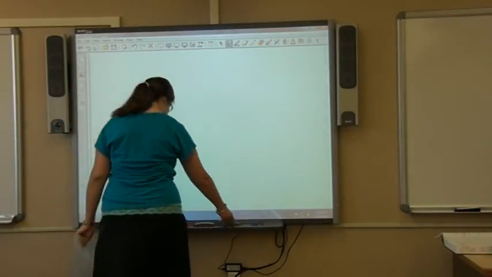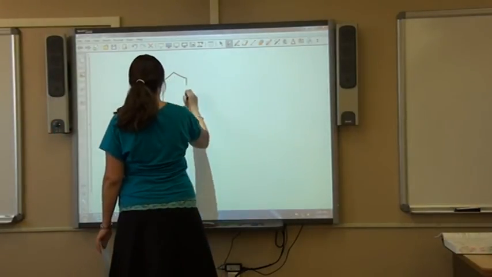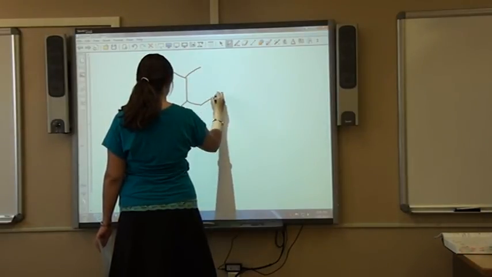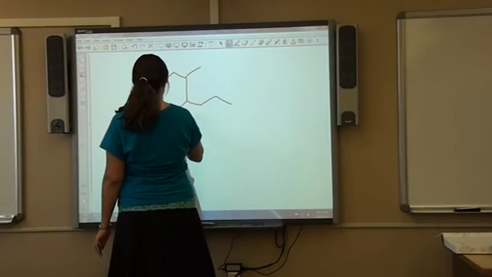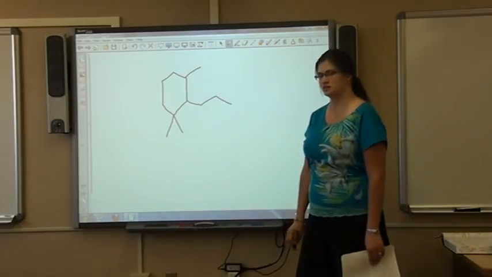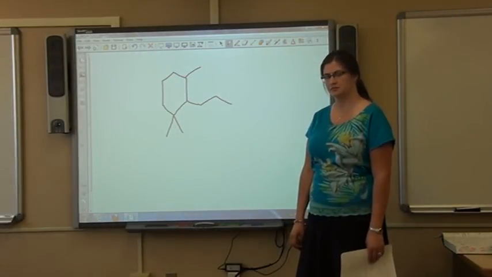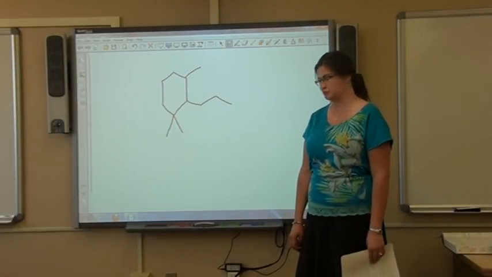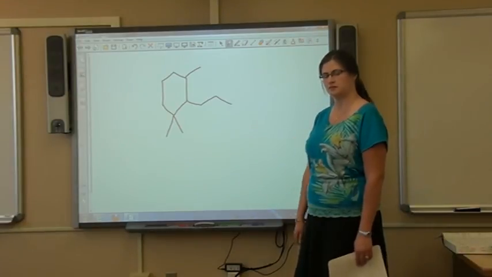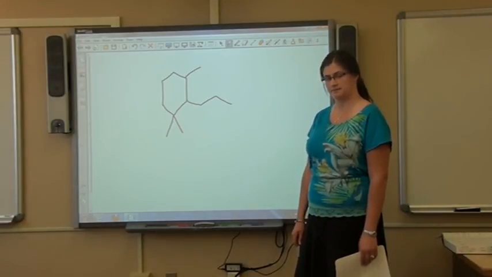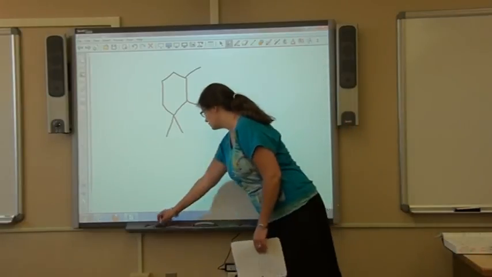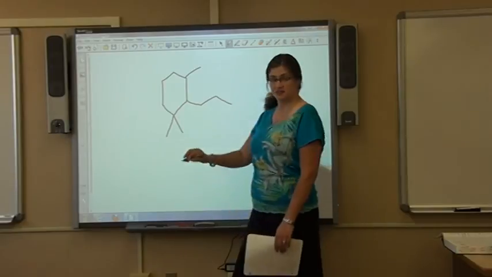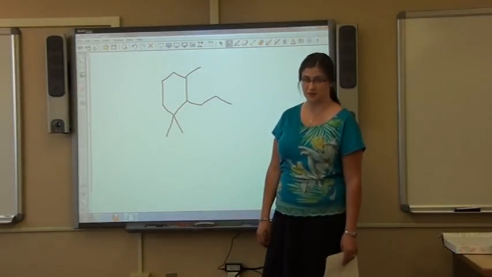Let's do some more. Ooh, this looks like a fun one. Okay, so we have 3 methyl groups. And we have a propyl group. That's this thing here with the 3 carbons. Which comes first, M or P? M. All right. Now, there are a couple of ways of numbering, but there's only one right way.